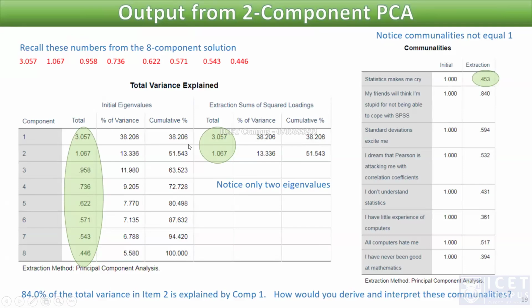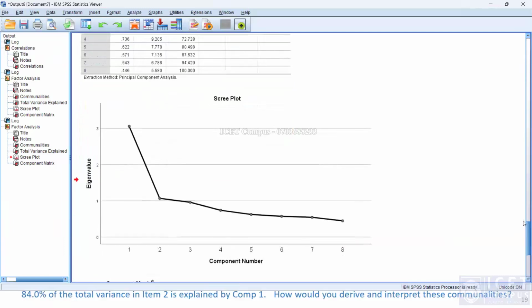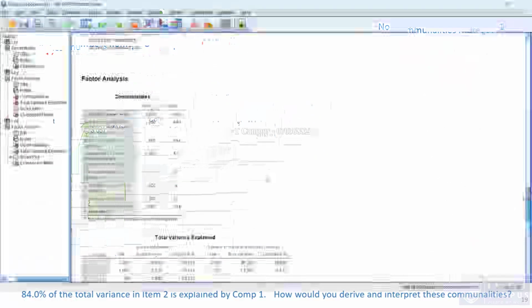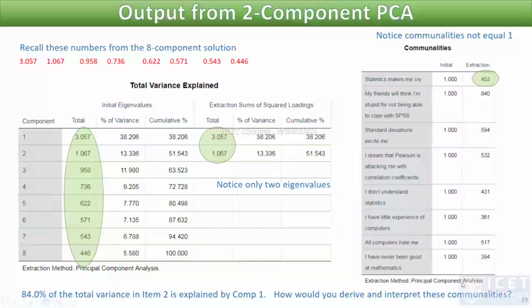So you can see the eigenvalues, and here 3.1, and we have only 2 extracted by using that extraction method. Notice only 2 eigenvalues. Then if we use the communalities table, you can see here the extraction 0.853. Right, then here you can see the extraction method is principal component analysis.